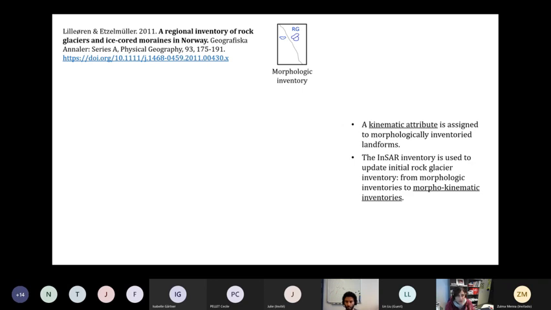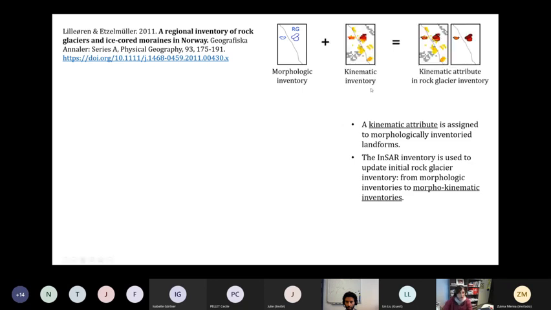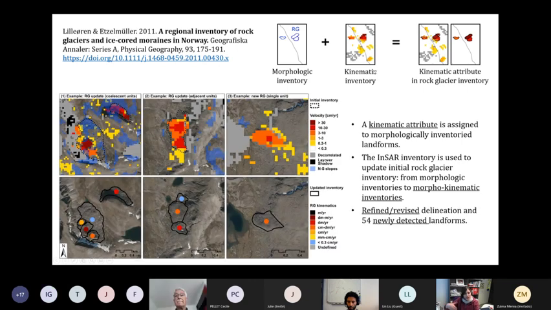That was based on morphological evidence, so mostly aerial orthophotos, basically. And what we did was to overlap the morphological inventory with this InSAR inventory we made, and to assign a kinematic attribute to the morphologically inventoried landforms. So in a way, we move from a morphological inventory to a morphokinematic inventory. And in addition, we also updated the inventory.